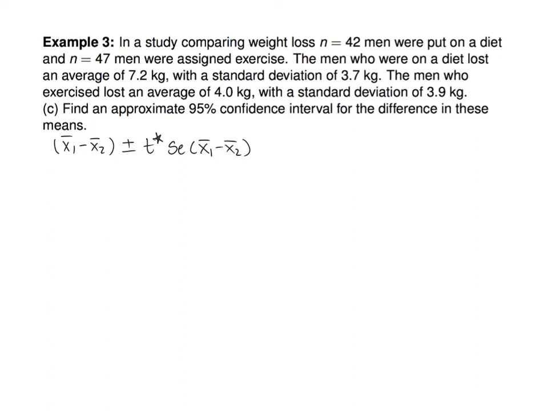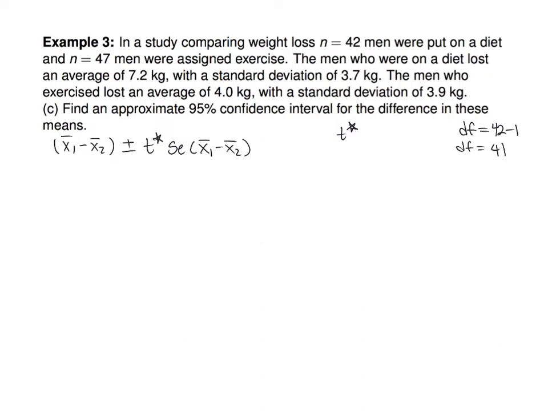So we need to figure out what we're going to use for t star. Well, we take our degrees of freedom to be the smaller of the n's minus 1. So our degrees of freedom is 42 minus 1, which is 41. On our table, the closest thing we have to that is df equals 40.